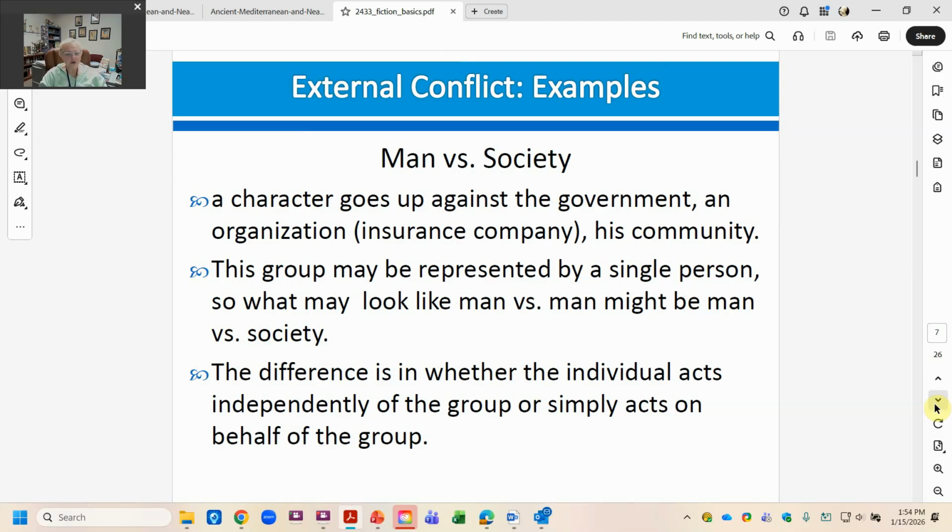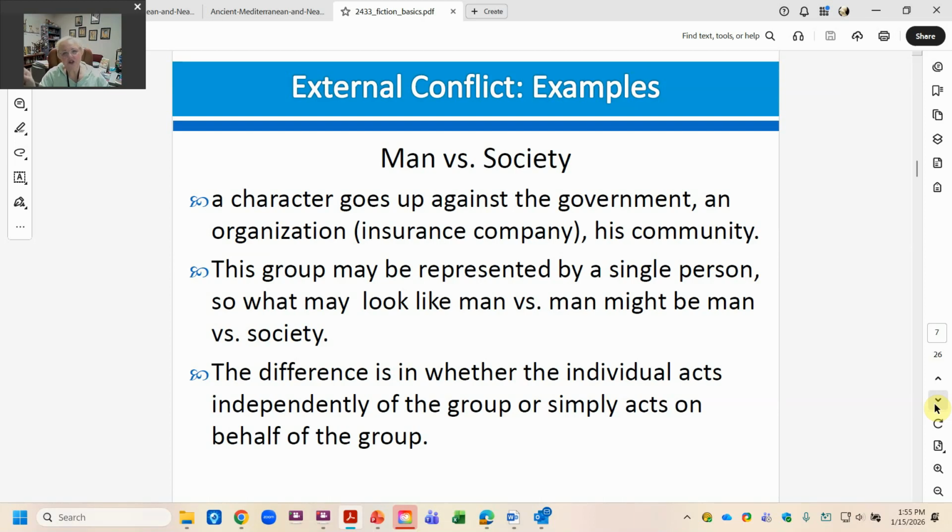So let me give you an example. In The Matrix, the first movie, you had Neo versus Mr. Smith, right? And Mr. Smith was a representative of the Matrix, of the architect. And everything he did to get in Neo's way was as a representative of this society that didn't want Neo to break the humans free, right?